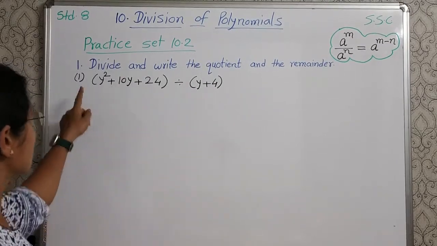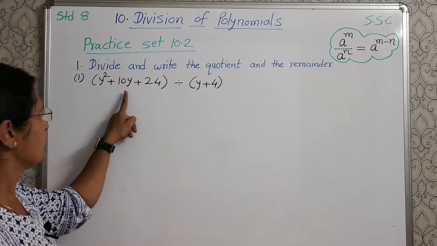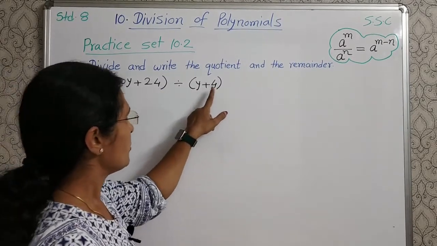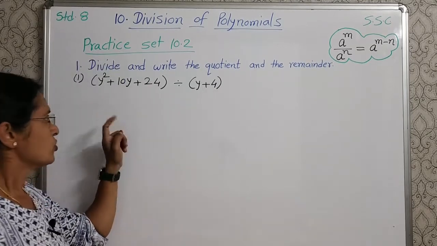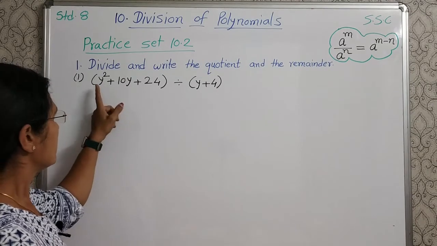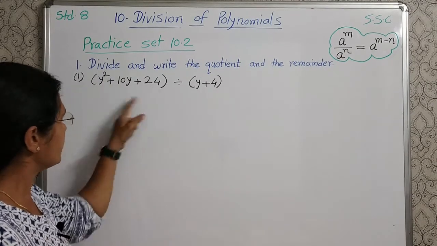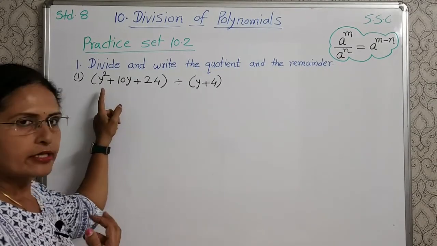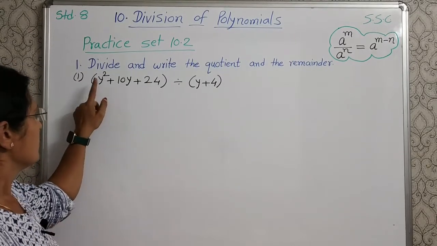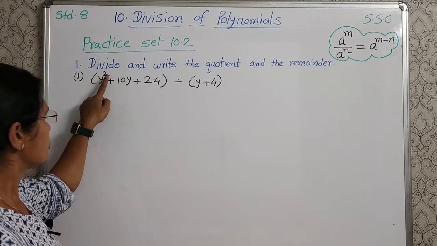Now see the first question, y square plus 10y plus 24 divided by y plus 4. So before starting, let us see whether all the terms in the dividend are in the decreasing order of their indices. See here, y square, the index is 2.